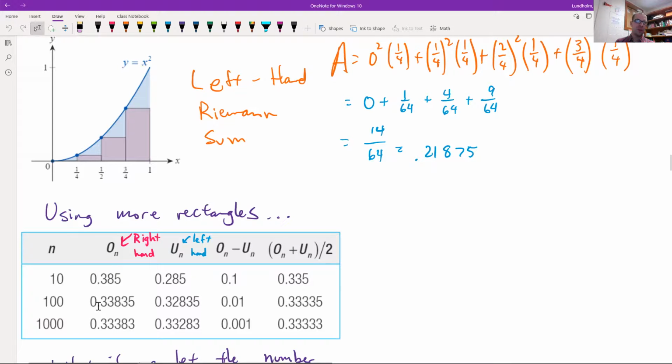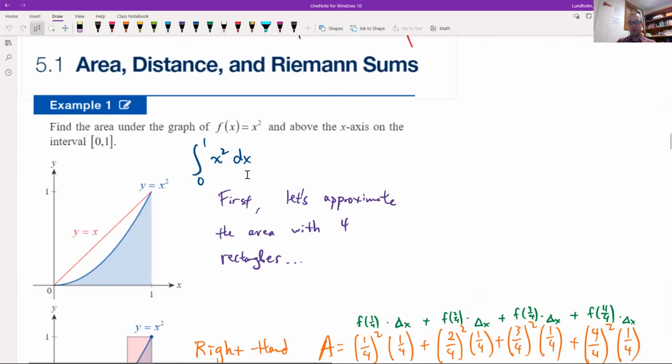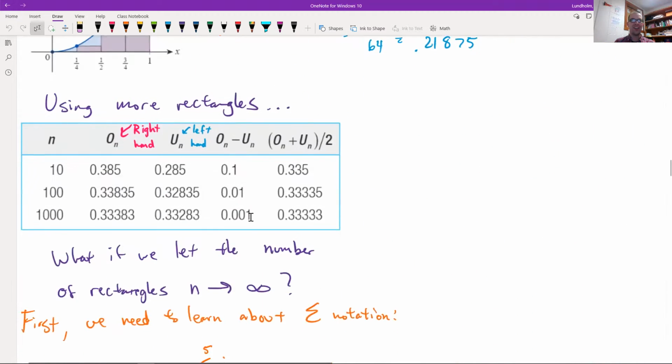Even here, in the overestimate or underestimate, once you get to 1,000 rectangles, these individually are approaching 0.333, even in themselves. So using more rectangles gets us a more exact answer. And indeed, when you look at the definite integral, this thing does end up being 1/3 in the end. How we get to that, we still are going to work at.